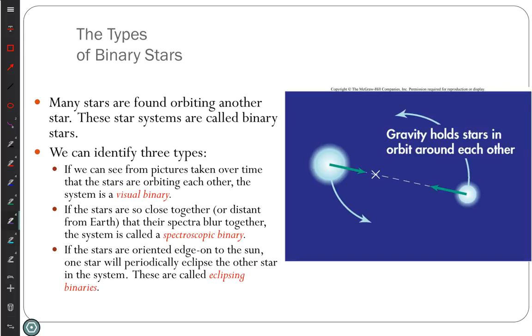That's why you had that question earlier about why is it that we don't need to know the mass of the planet to determine the mass of the star? Because the mass of the planet is negligible, so we just say the total mass is the mass of the star. But if you have two stars, they're not going to have one as negligible mass compared to the other.